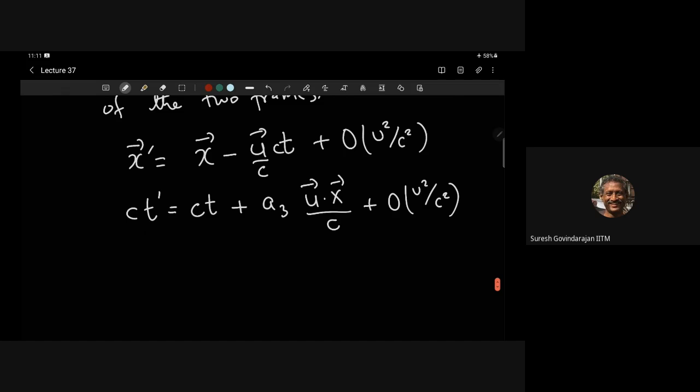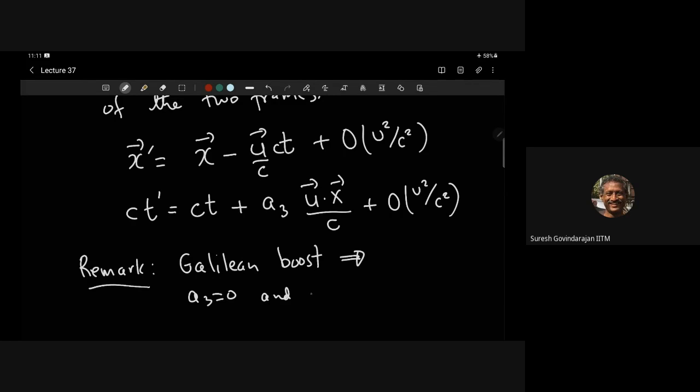So the remark which I made last time also, the Galilean boost implies A3 equal to 0, right? And no higher order corrections.